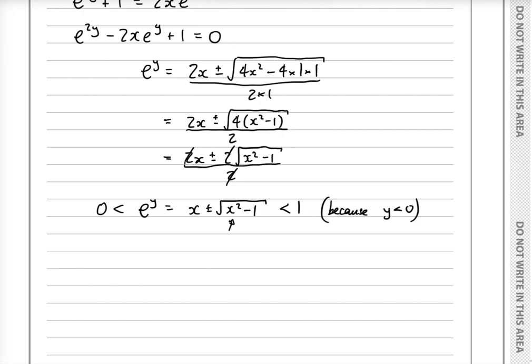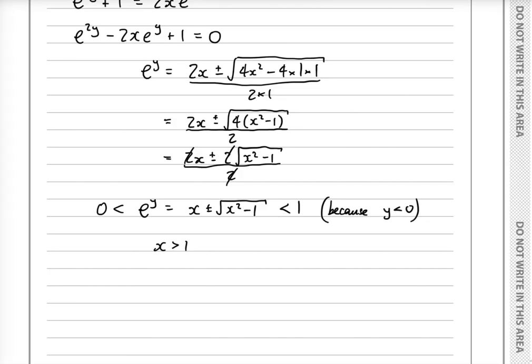If it's less than negative 1, this part is okay, but we're going to get this whole thing less than 0 if x is less than negative 1. So all of that thinking tells us that x must be greater than 1.